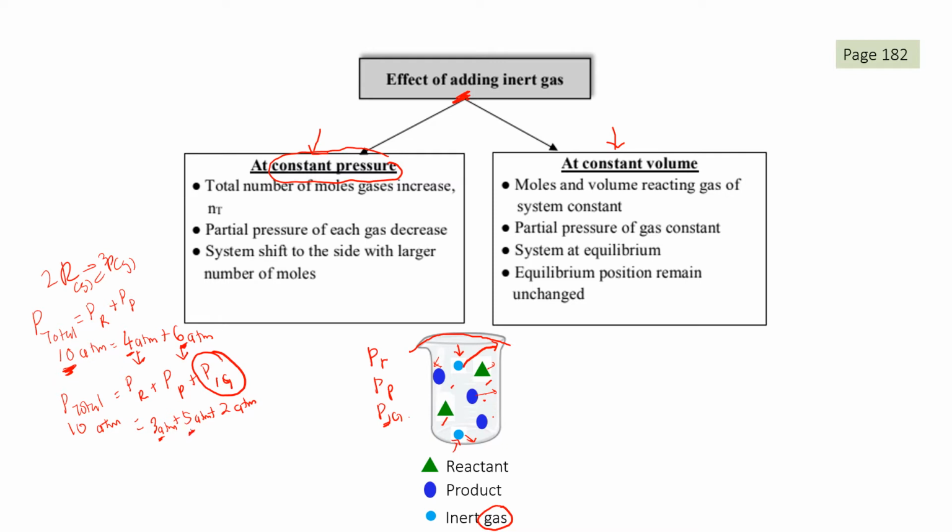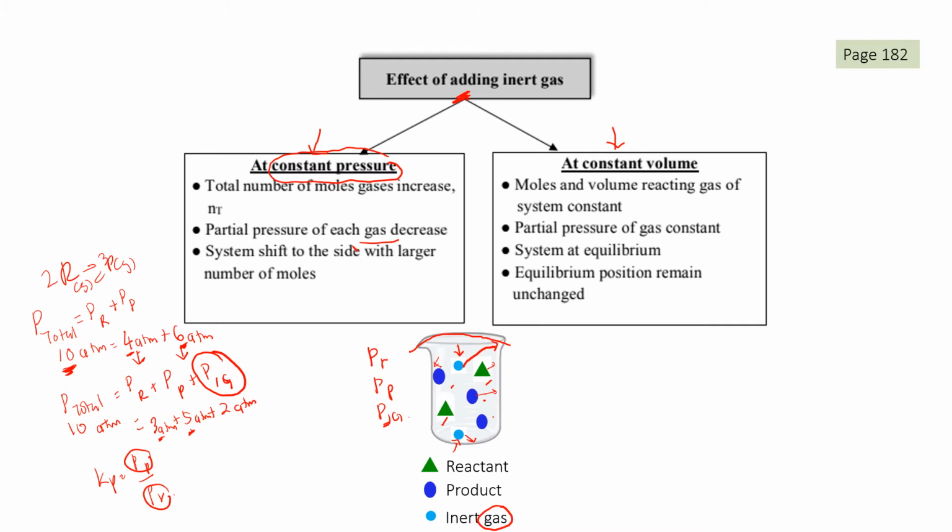So reduction of the partial pressure of the reactant and product akan affect awak punya KP value. Pressure product divided by the pressure reactant. Value ni akan kacau. Bila ada changes in the KP awak, in the equilibrium, maksudnya dia kena re-establish the new equilibrium. Balik kepada factor pressure lah.